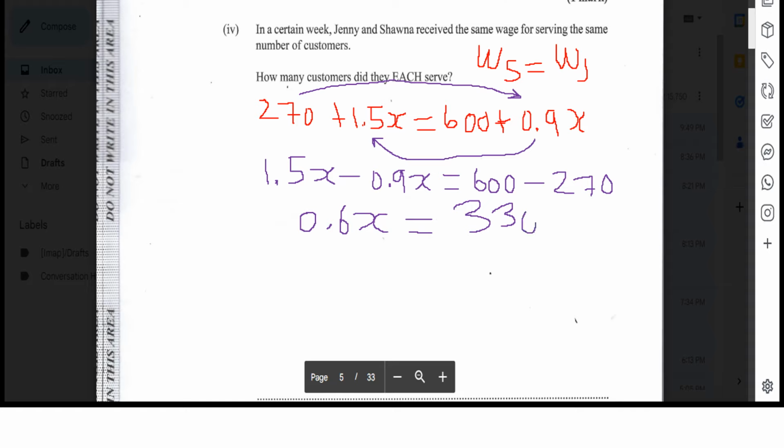And then we will divide both sides by 0.6 to find the value of x. So we divide this side by 0.6, and then we'll divide this side by 0.6.